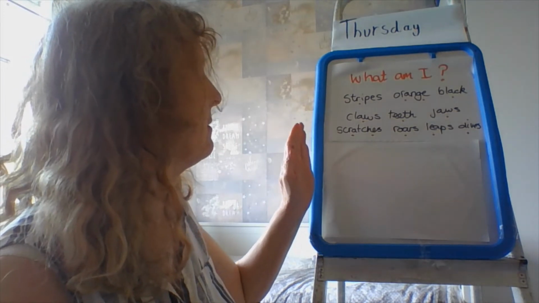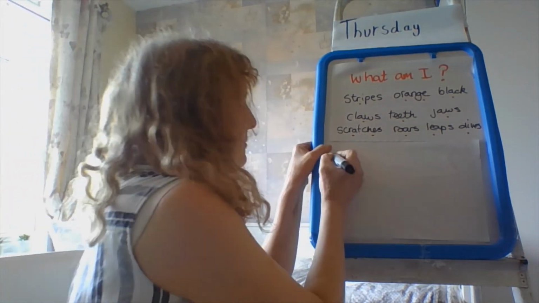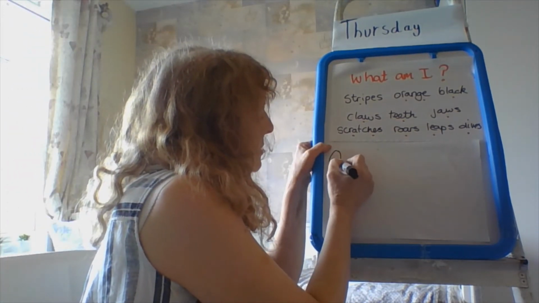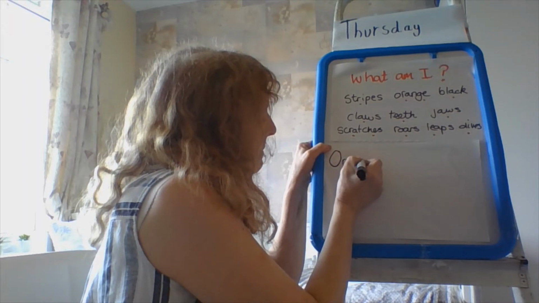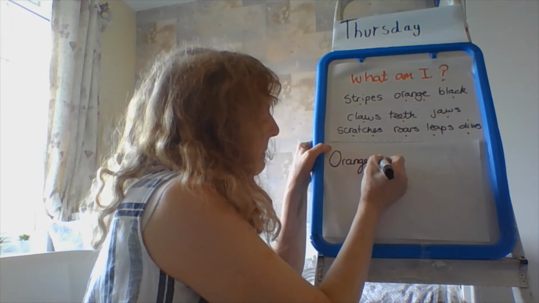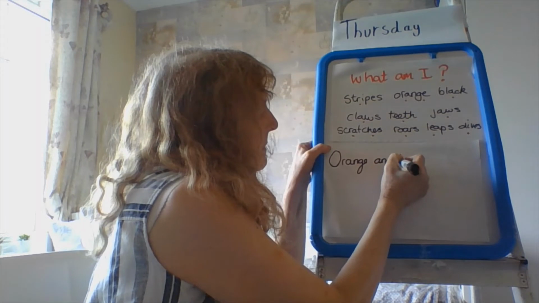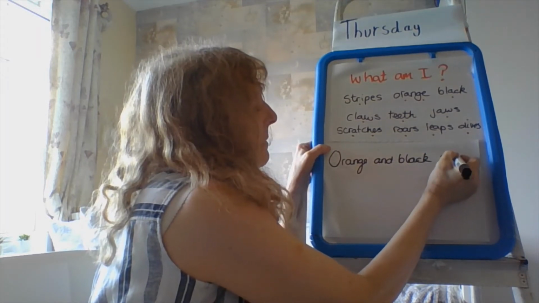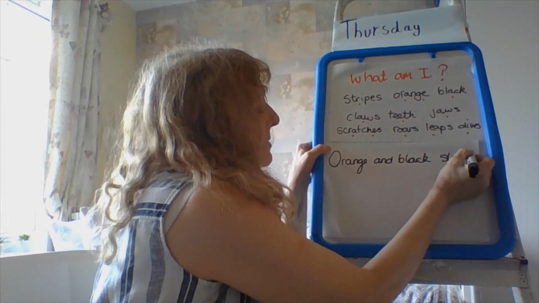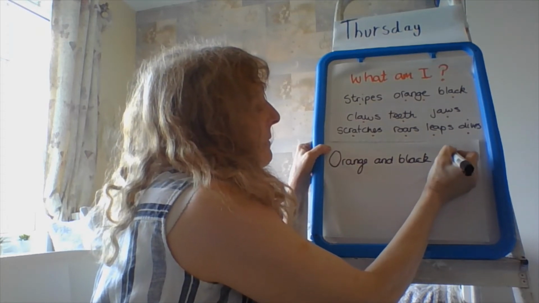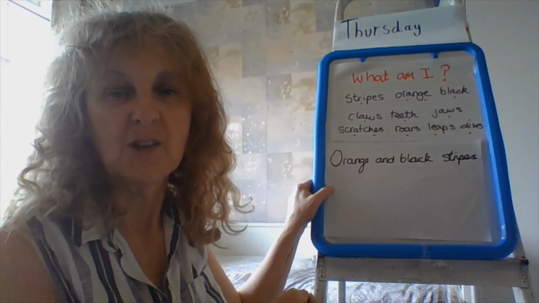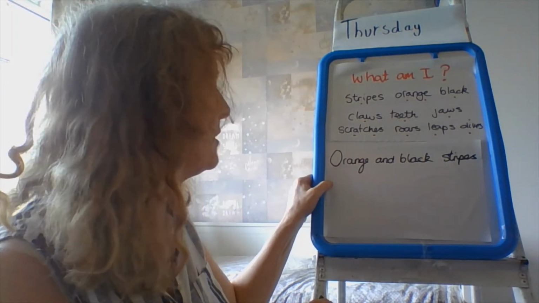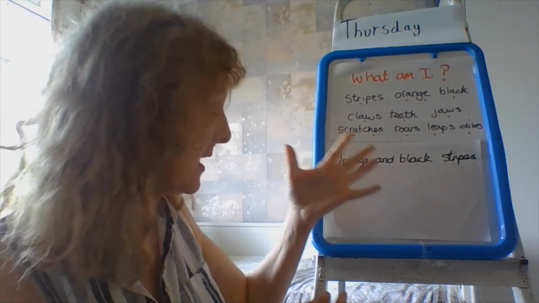Orange and black stripes. I'm just going to go for that. Orange and black stripes straight away. That should actually give you the biggest clue. Orange and black stripes. Yeah, that's good.